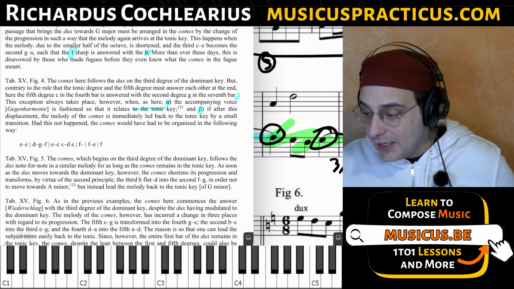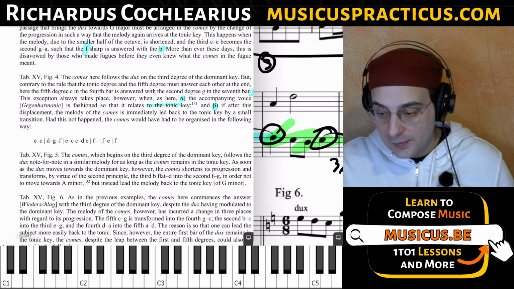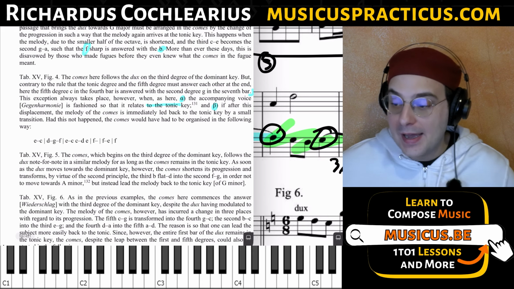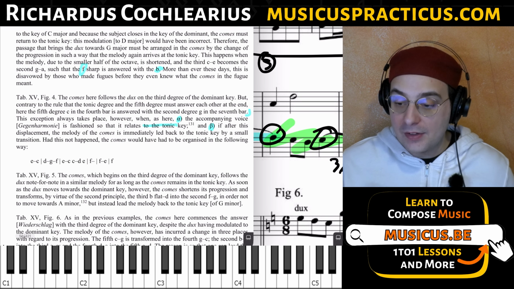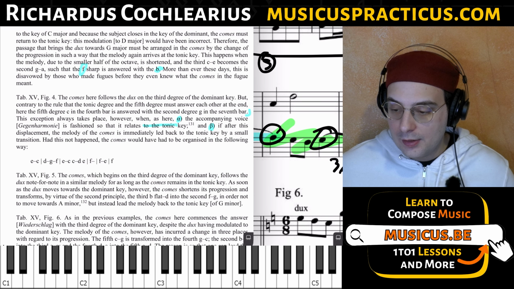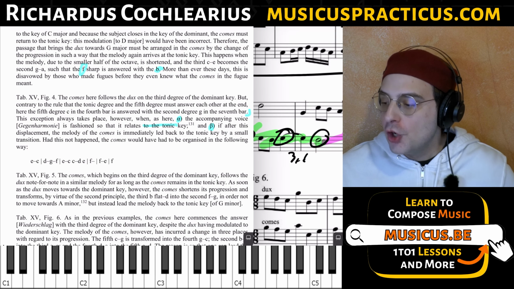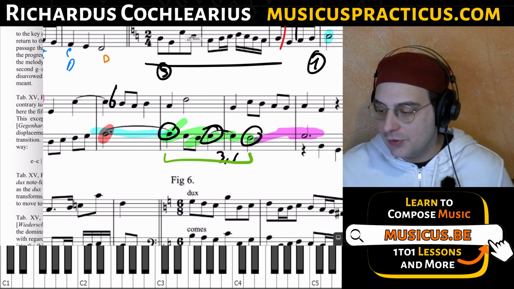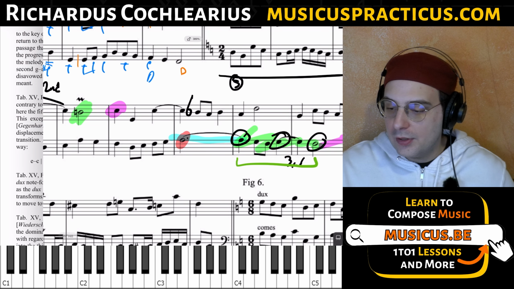And beta, if after this displacement the melody of the comes is immediately led back to the tonic key by a small transition. The small transition is the green section I've highlighted, the transition down a third here.